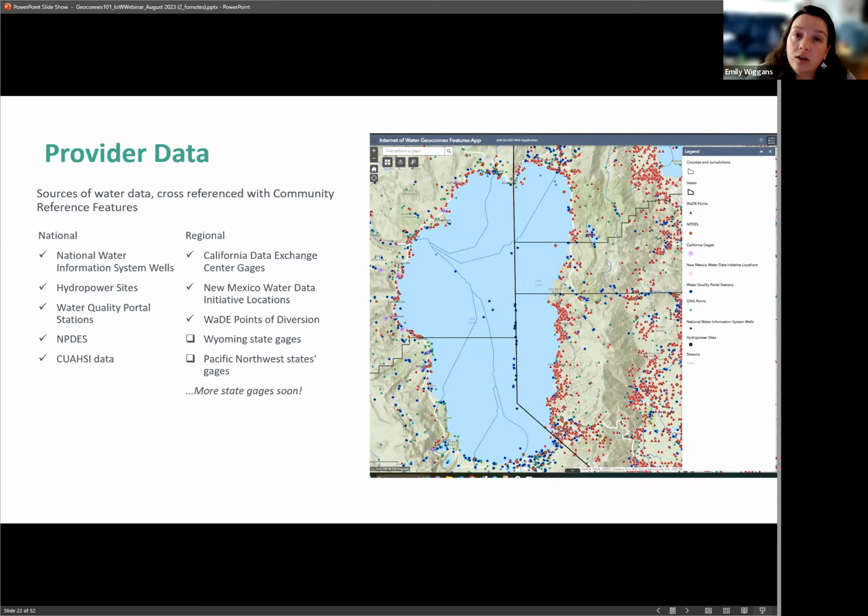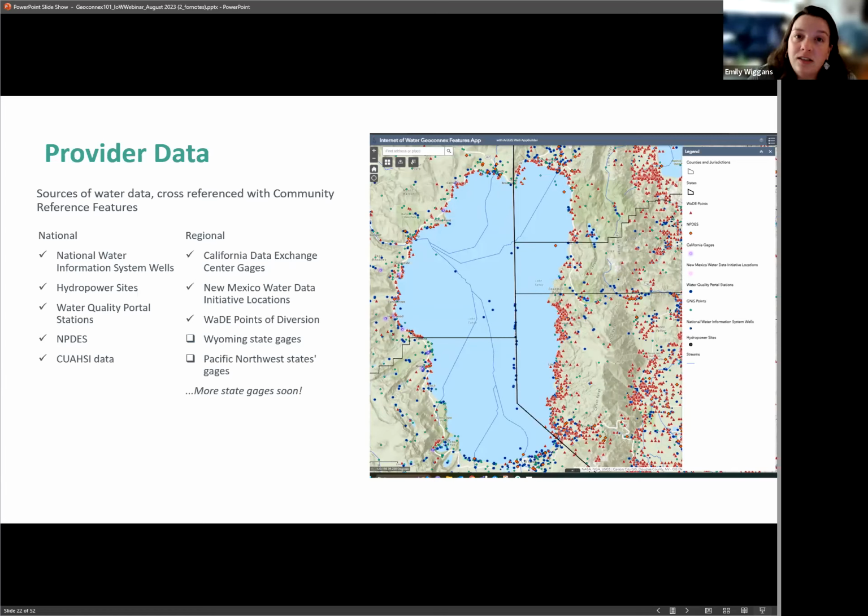CUAHSI data, that's the Consortium of Universities for the Advancement of Hydrologic Science. And then the California Data Exchange Center gauges at a regional level, as well as New Mexico Water Data Initiative locations, and Water Data Exchange, or WaDE, points of diversion.